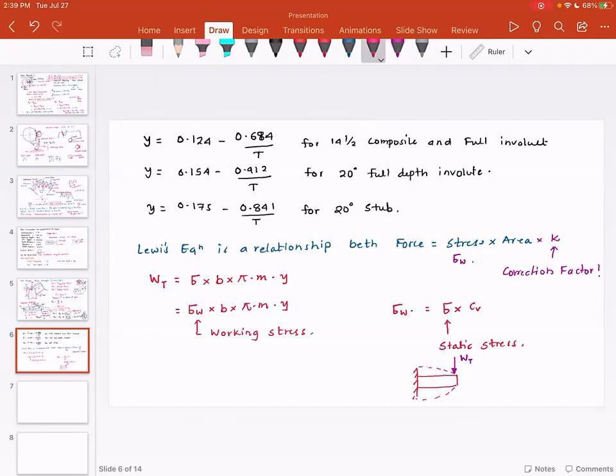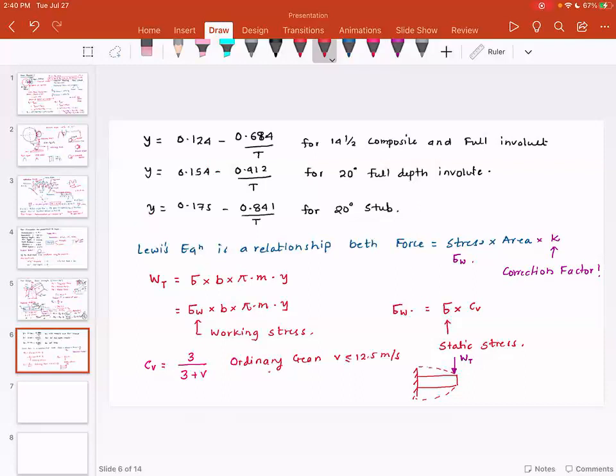So how does CV affect the sigma W? CV is given by this equation, 3 divided by 3 plus V, for ordinary gears with velocities up to 12.5 meters per second.